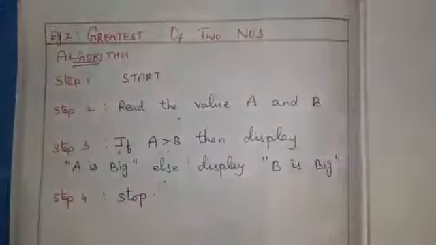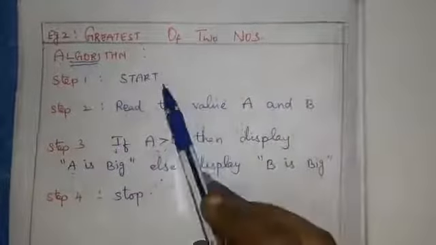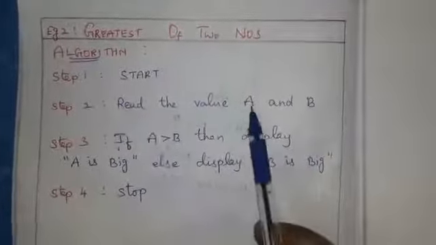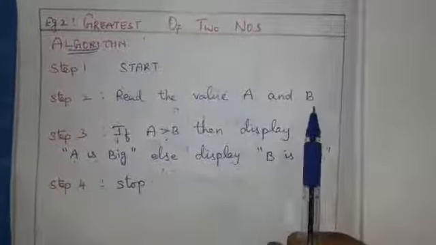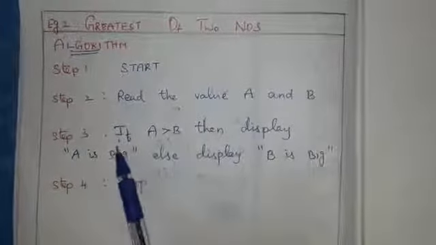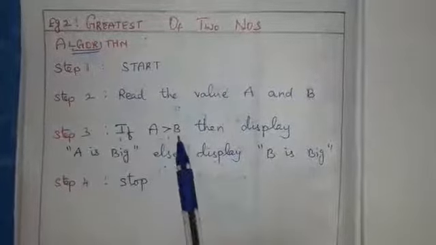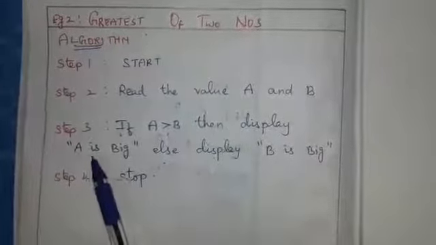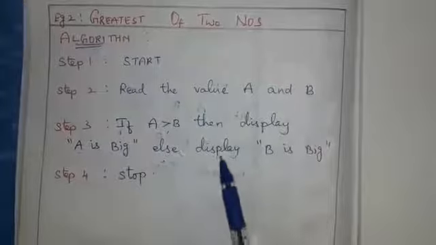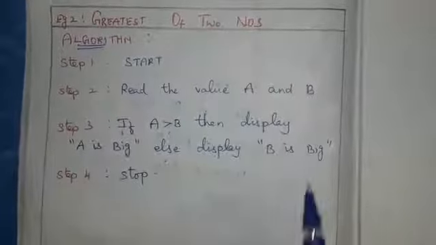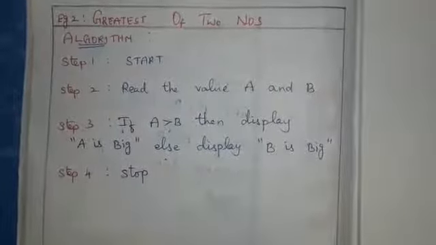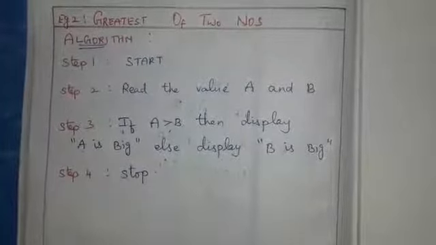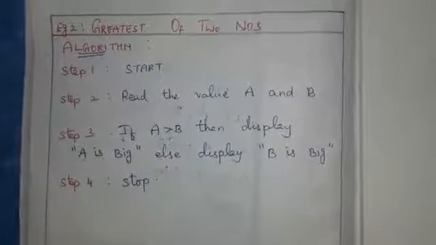Now the algorithm for the same question. Start. Read the values a and b, two variables. Then the third step will be: if a is greater than b, display a is big, else display b is big. You all know if is the conditional statement which we use to compare two variables.